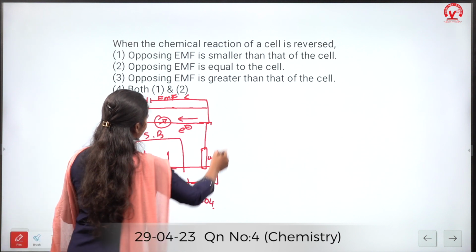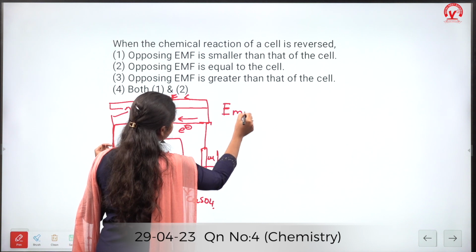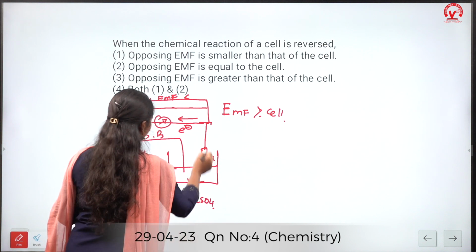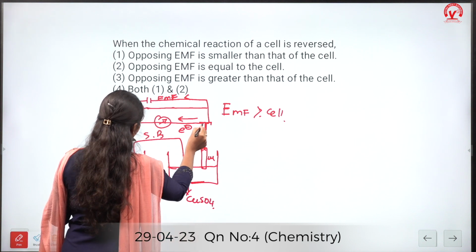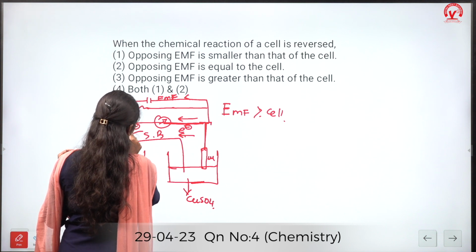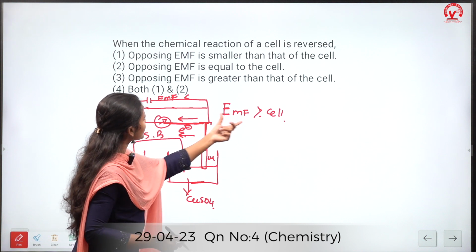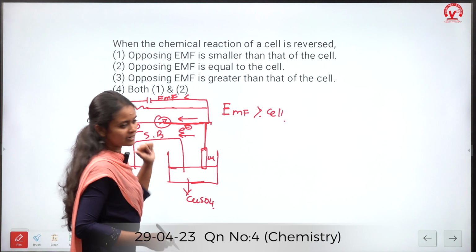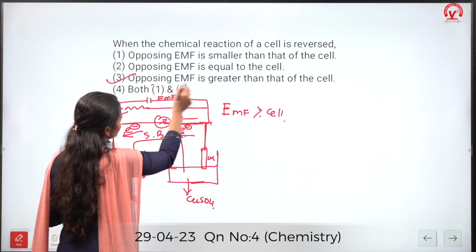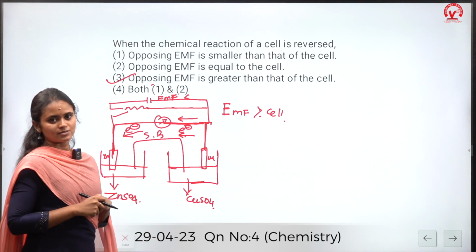In the case where the opposing EMF is greater than that of the cell, the current flows from copper to zinc. So the reaction is reversed when the opposing EMF is greater than that of the cell. So option 3 is correct. Opposing EMF is greater than that of the cell. That is the correct answer.